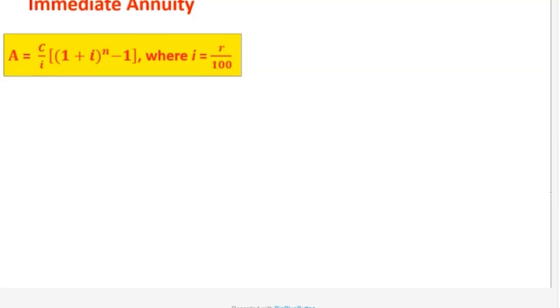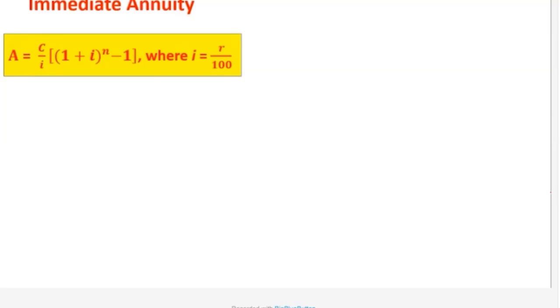A is equal to C upon I, square bracket open, (1 plus I) whole raised to n, minus 1, square bracket complete, where I is equal to R upon 100. Then P is present value.